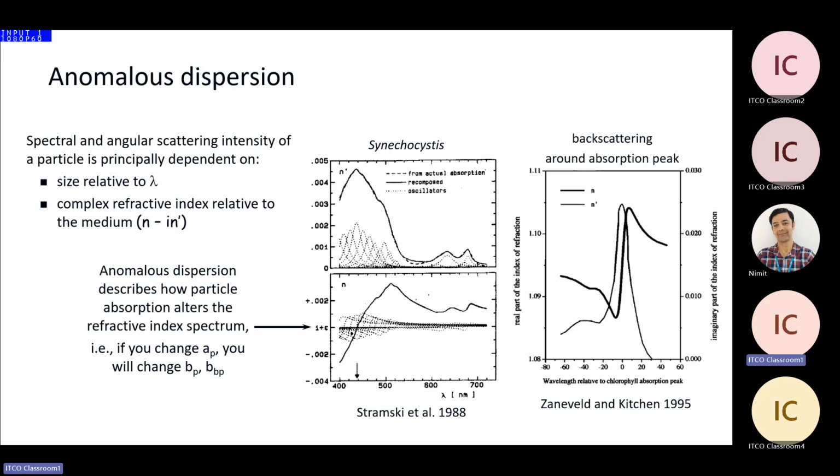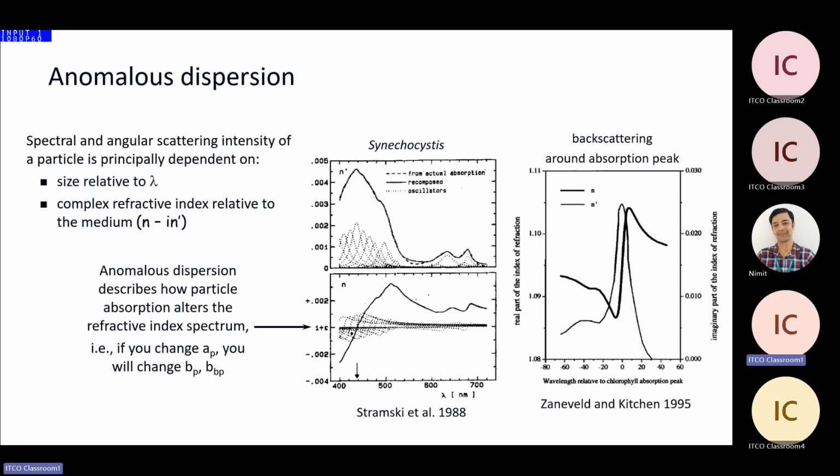So even in cases where you get these big absorption peaks, the attenuation spectrum looks like a power law, almost perfectly. And this is because the peaks in absorption are compensated by dips in the total scattering. So when you add a plus b, you get this nice power law for c. Anomalous dispersion is the phenomenon that makes that happen.